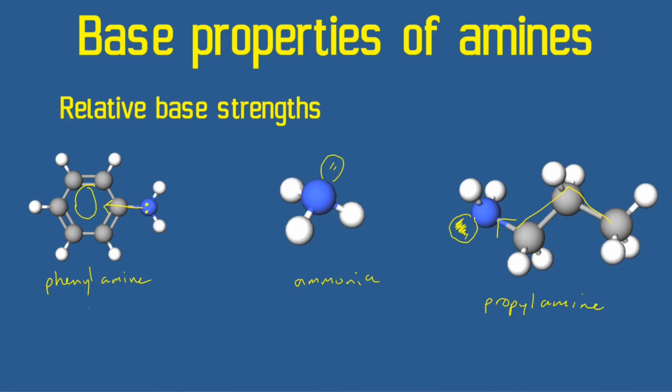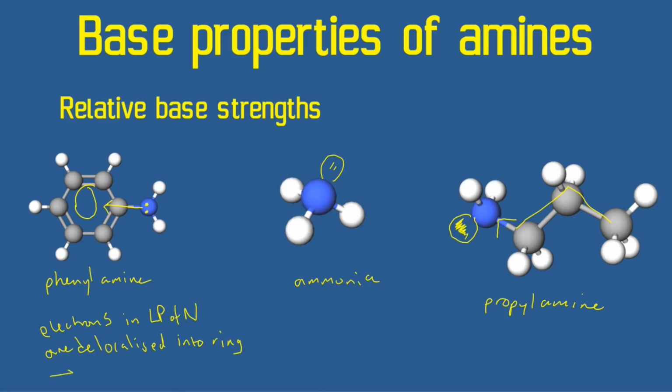So here we've got a case where the electrons, and make sure you say that they're in the lone pair of nitrogen, are going to be delocalized into the ring. So what's the consequence of this?